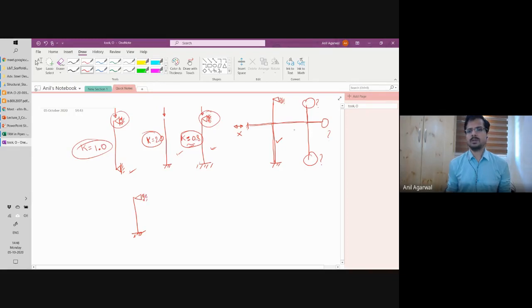But on top of the pin, the rotation is partly restrained, because when this column wants to rotate, along with this, the beams also, and this column also wants to rotate. Correct? So these beams and this column are going to offer some rotational restraint, which in turn will depend on what is happening at the far end of these columns and beams.